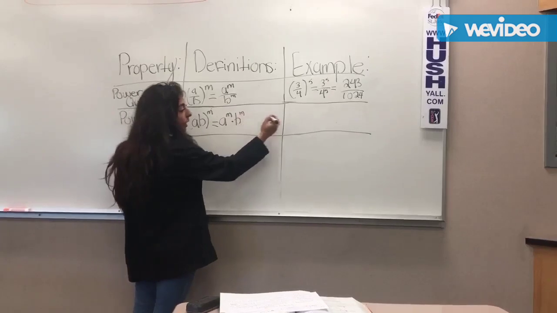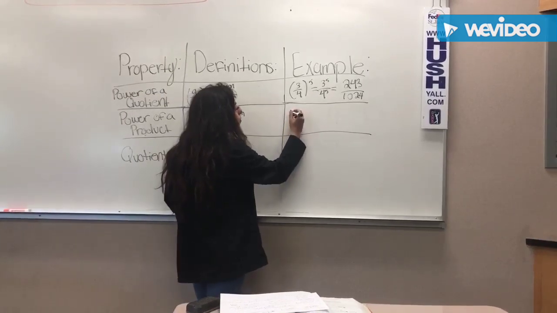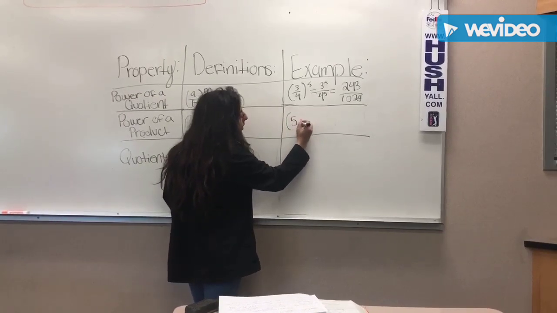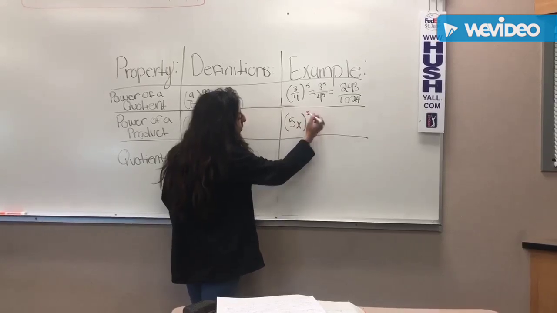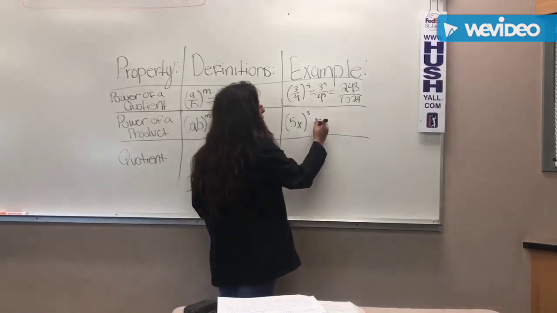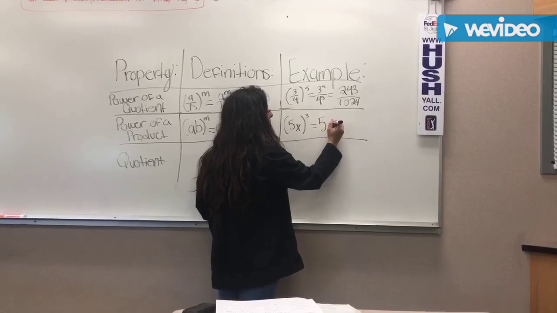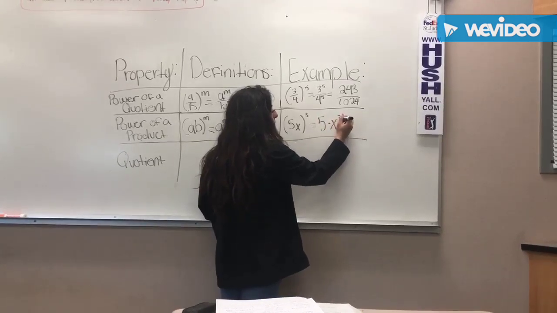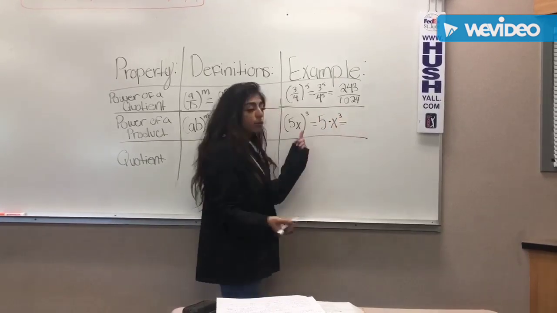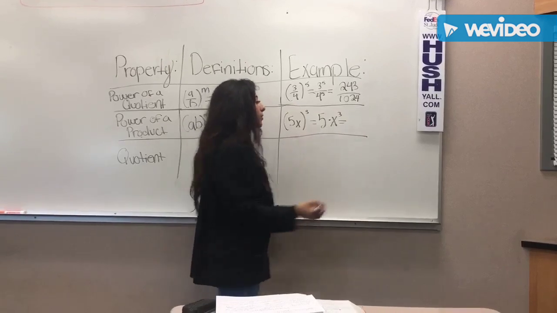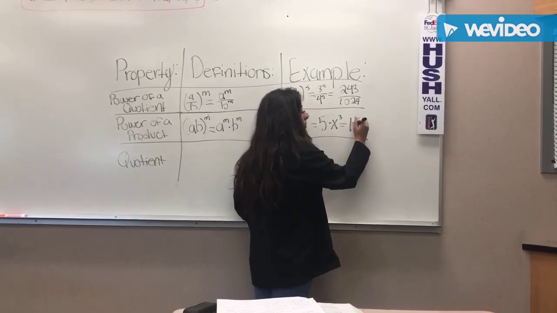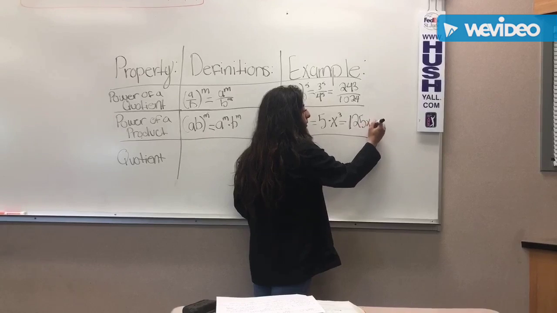Now when we do an example of this, we'll be using 5, and then the variable x to the power of 3. When we put this in there, it's going to be 5 times x to the power of 3, all raised to the power of 3. If we want to simplify this further, it would be 125x to the power of 3.